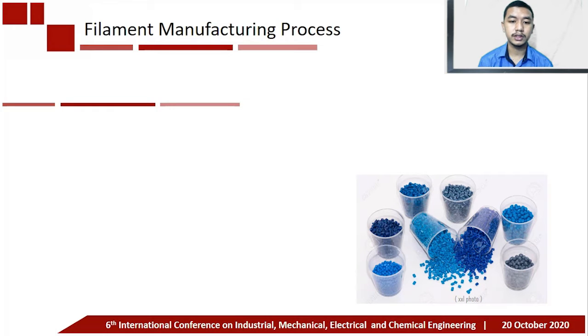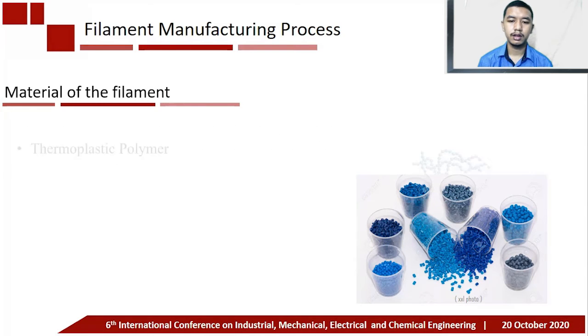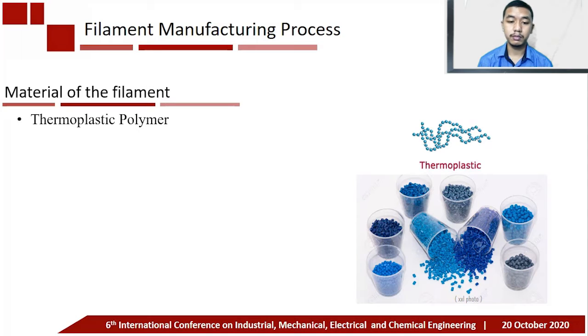Filament manufacturing process. Material of filament. The filament is the primary material used in the FDM process. In general, the filament is made of pure thermoplastic polymer with a low melting point. In some cases, the strength of pure polymer needs to be enhanced.